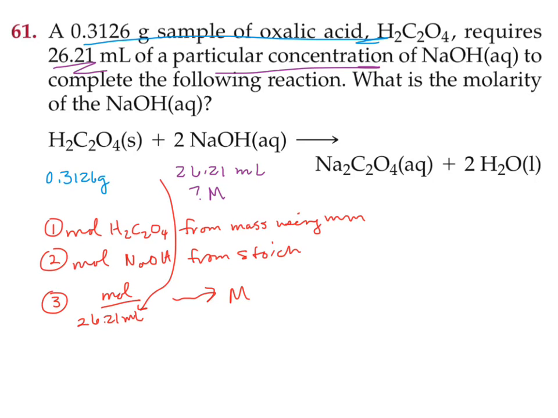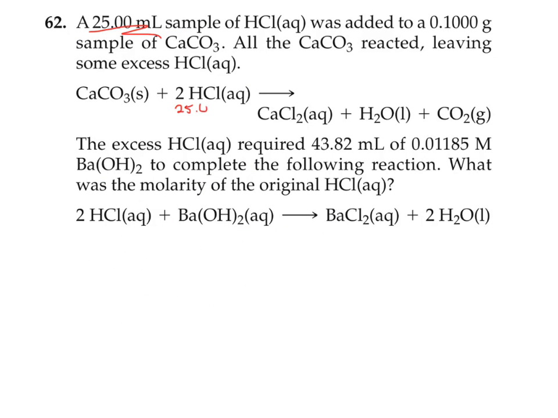Step number 1, use that mass to get moles of H2C2O4 from grams. Then use stoichiometry to get to moles of NaOH. Once you have moles of NaOH, you can divide those moles by the volume, which is 26.12, to get molarity. They're all just a little bit different.